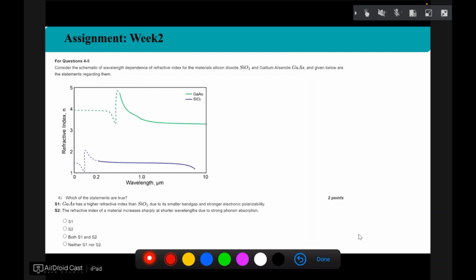First, we will see the first statement. What is it saying? That gallium arsenide has a higher refractive index. We can see that for gallium arsenide, n is equal to 3.8 something, and for SiO2, n is equal to 1.5.